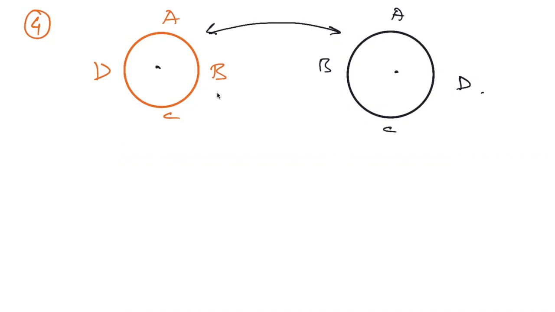So in those cases, A has the same neighbors, we are not taking twice. A has the neighbors B and D, D has the neighbors A and C, B has the neighbors A and C. So the same neighbors are not counted twice.